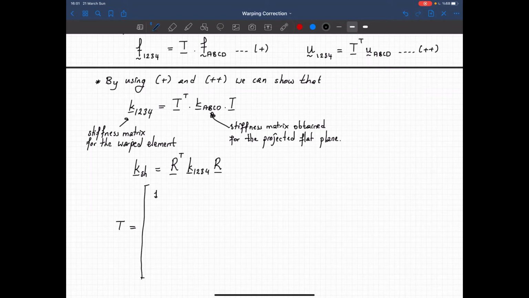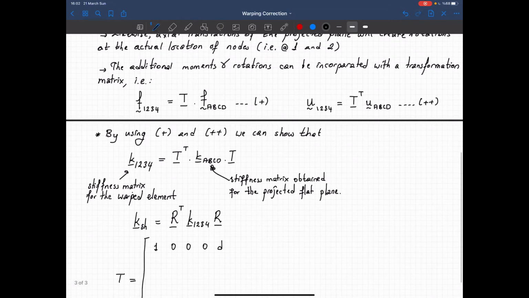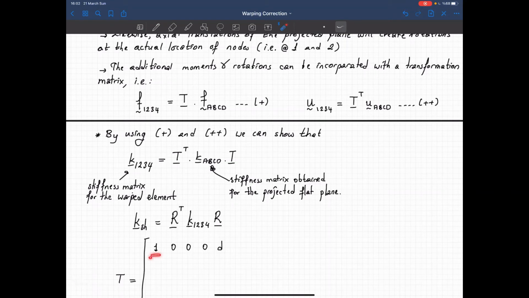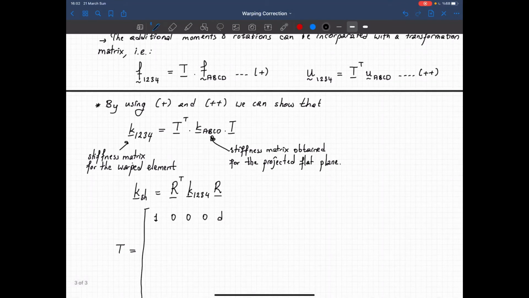1, 0, 0, 0, and d. So this tells that the translation in the x direction will create additional moment or additional rotation in the y direction, and this one will be 0, minus d, and 0. Here translation or force in the y direction will create a negative moment in the x direction, and that's it.